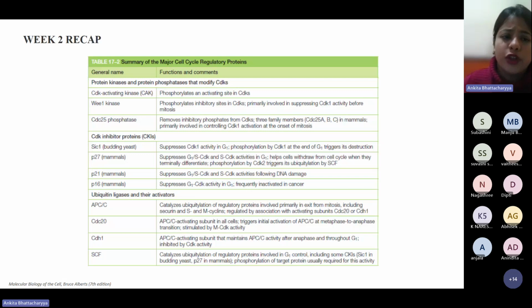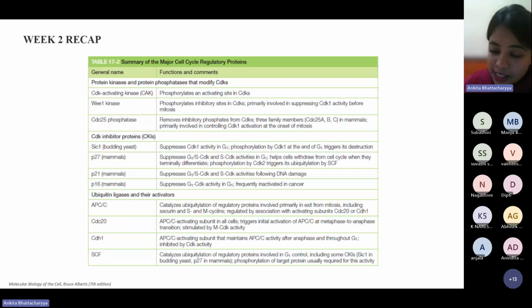So first of all, you can see the protein kinases and protein phosphatases that modify CDKs. What you can see at the top is the CAK, or the CDK activating kinase. If you remember in the schematic, we had seen that with a cyclin and a CDK, a CAK comes in and puts an activating phosphate in the CDKs and converts them to their active version.